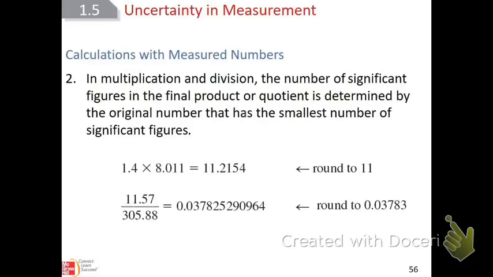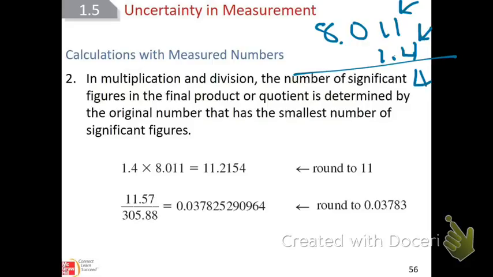Here we go. When we have 8.011 times 1.4, see this? This is our guess here, and this is our guess here. When we multiply these, there's our 4, there's our 4, there's our 0, there's our 32. Here, this is a guess right here. But also this 4 right here, 1 times 4 is 4.